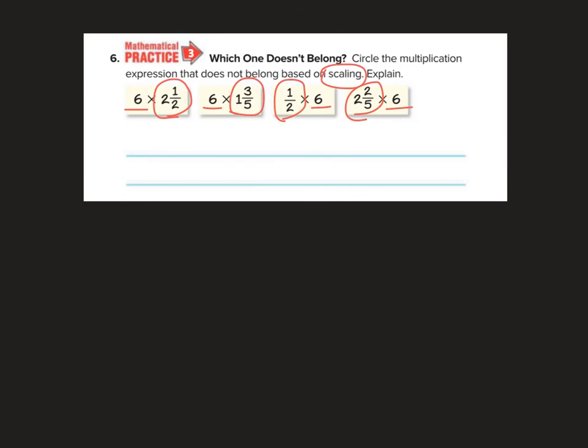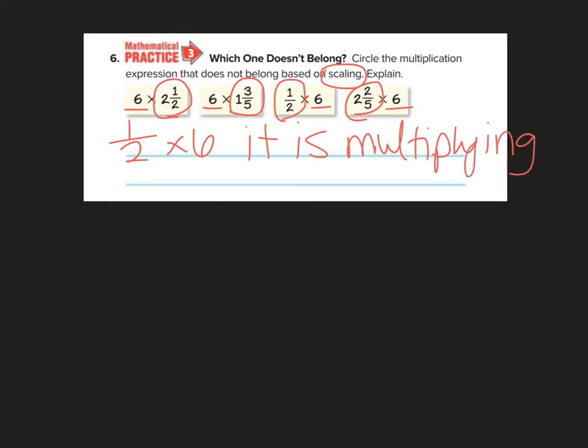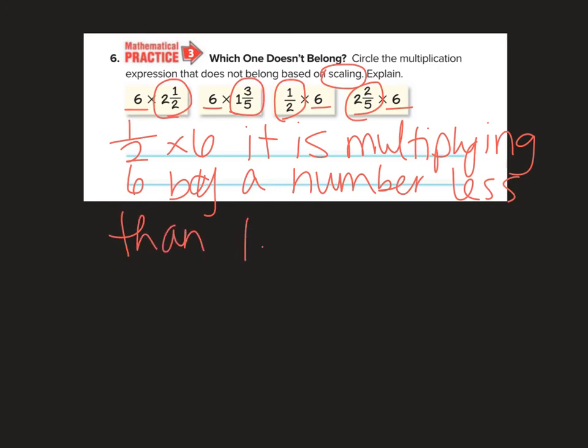So what was the only one that did not fit? 1/2 times 6. Why doesn't it belong? It is multiplying 6 by a number less than 1.